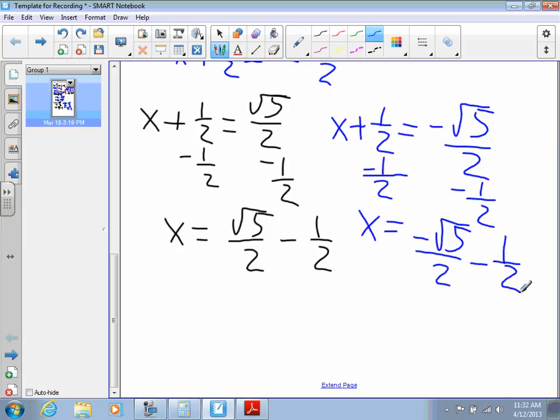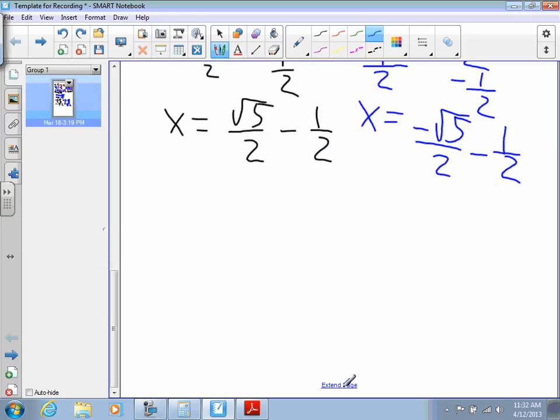Now, like before, we can write the two of them out separately, x equals the square root of 5 over 2 minus 1/2, comma, the negative square root of 5 over 2 minus 1/2.